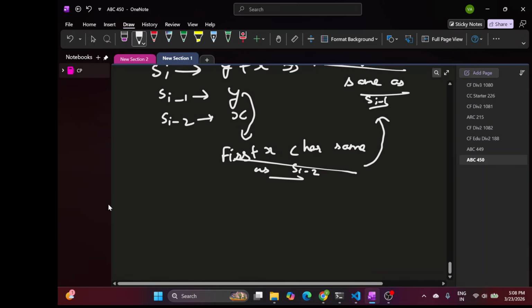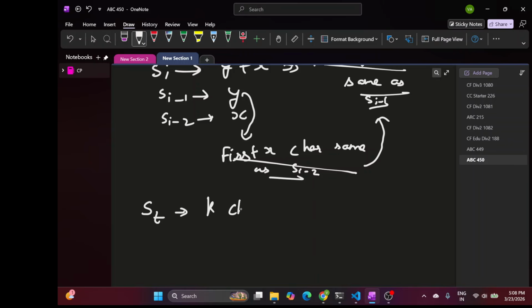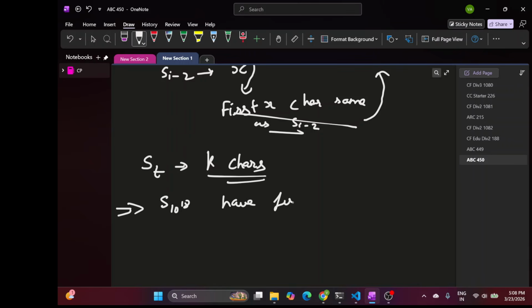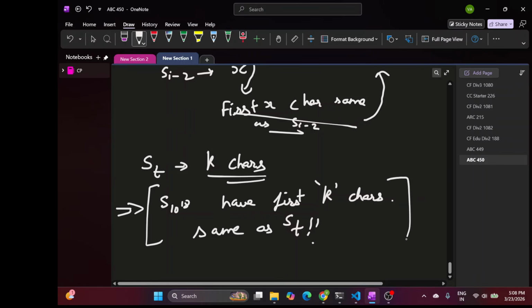So let's say our St has some K characters, right? So can we say that S 10^18 has the first K characters same as St, right? Can we say this?